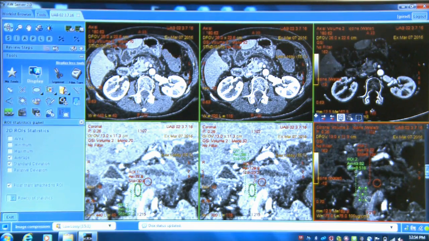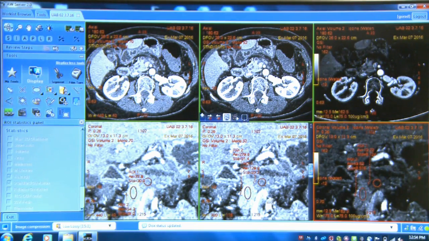We can move it very easily. And you can see the difference in those measures. If I click, the tumor itself measures 128 Hounsfield units compared to non-tumoral tissue of 279. And when we look at the 70 keV PACS equivalent, that difference is not as great. Okay, so just one way to look at it.